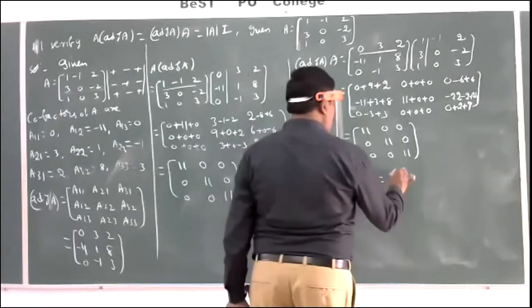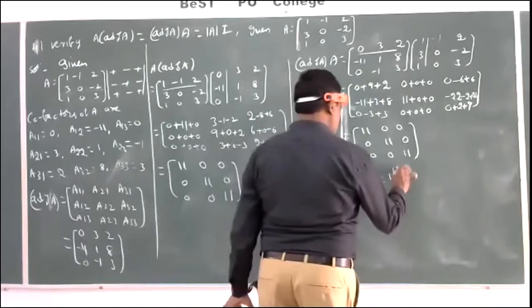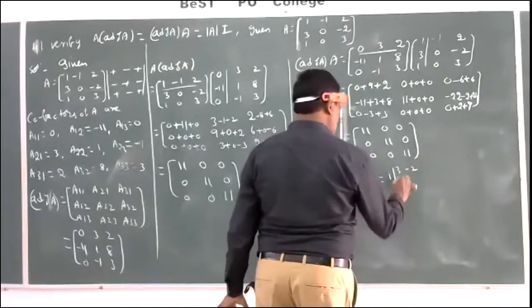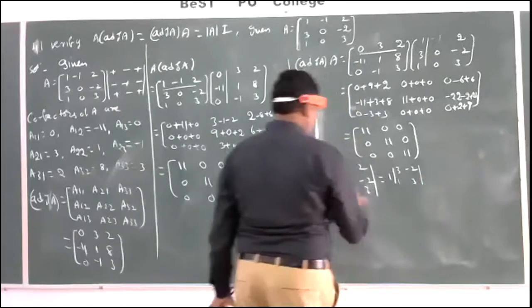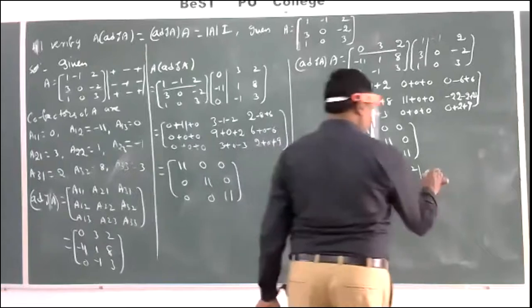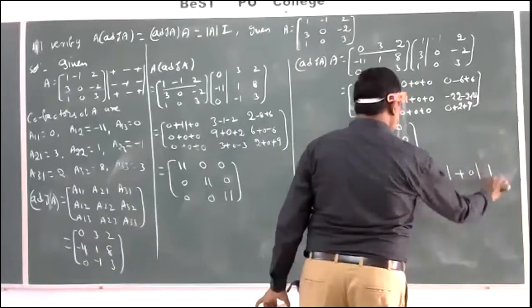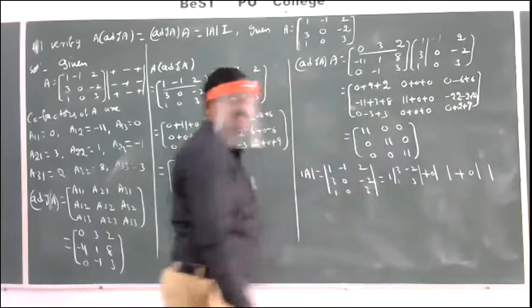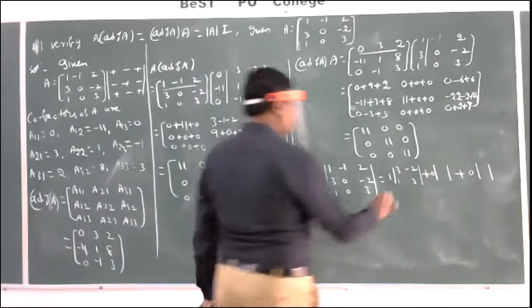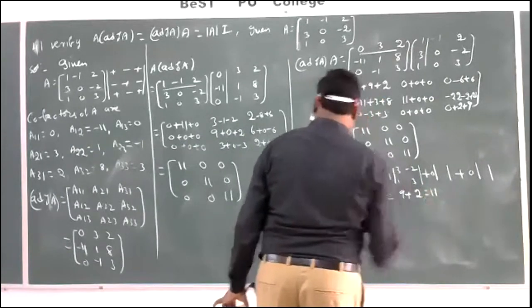Then here 1 into, leaving this row and column, 3 minus 2 1 3. The remaining elements are 0, and 0 into the value is 0, 0 into the value is 0. I am expanding using the second column. Then it is 9 plus 2, 11.